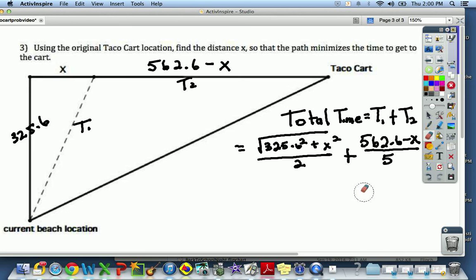All right, so going back to our problem, that tells you if you want to minimize the time, the taco cart, or your aiming point, should be 142.1 feet from this corner right here.